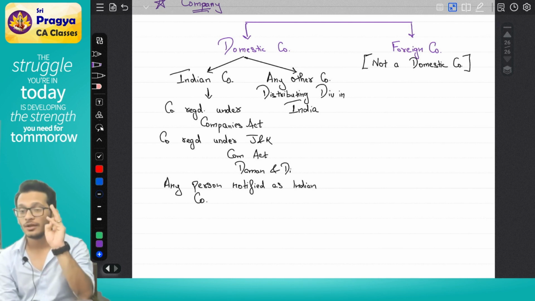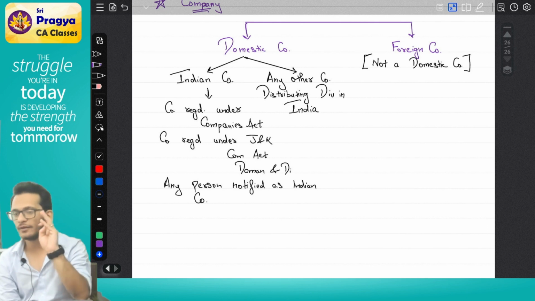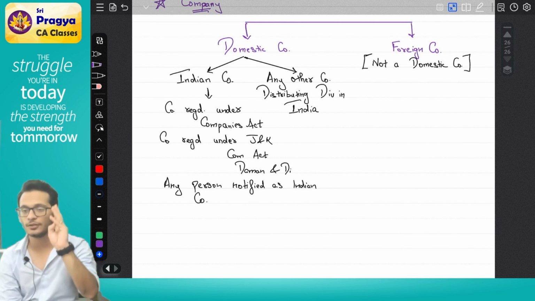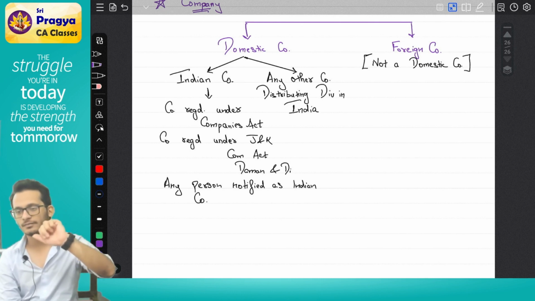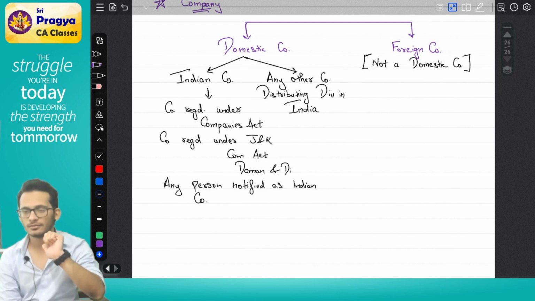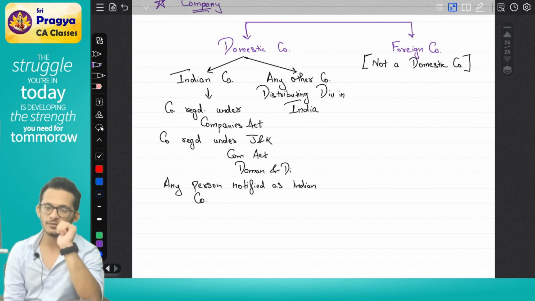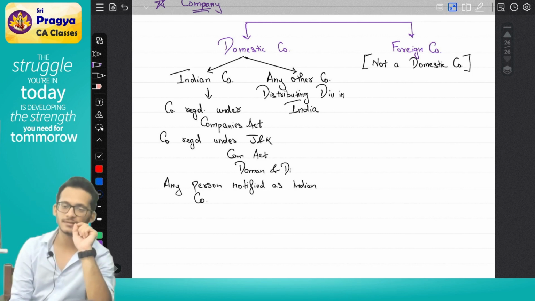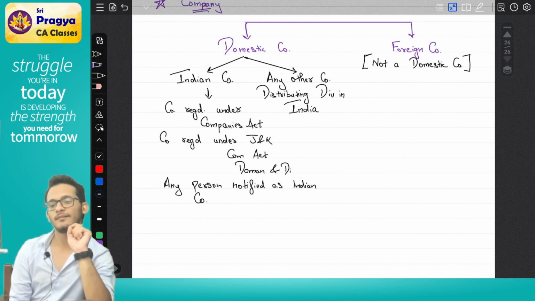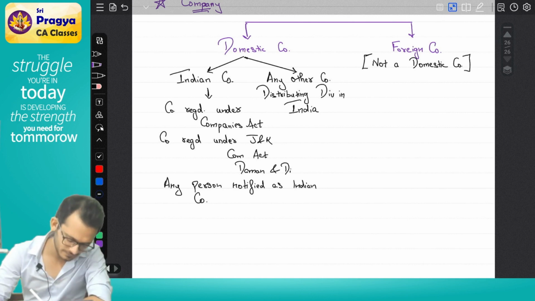It has to be applicable to everyone, everyone should know he's an Indian company. So you'll have to issue a notification. In income tax, who issues notifications? CBDT.